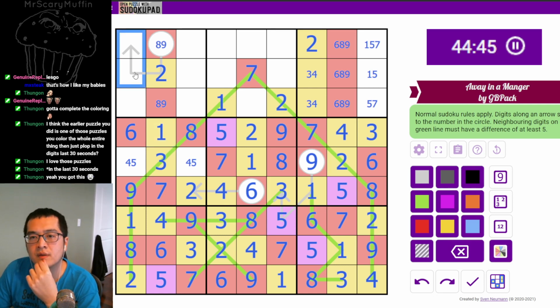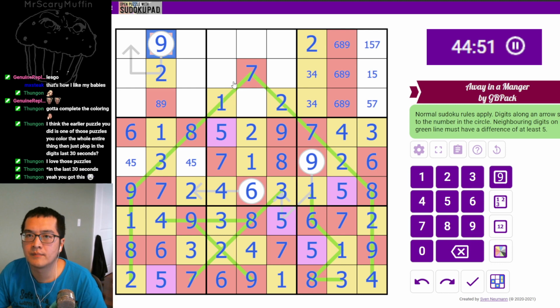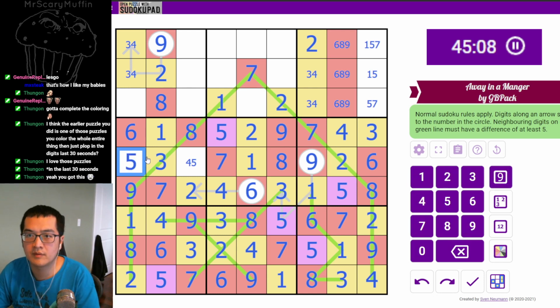Oh, this is interesting. There can't be a 1 in this triple, so therefore this can only be a 9. And this has to be a 3 and a 4. Which means that's a 5, that's a 4.